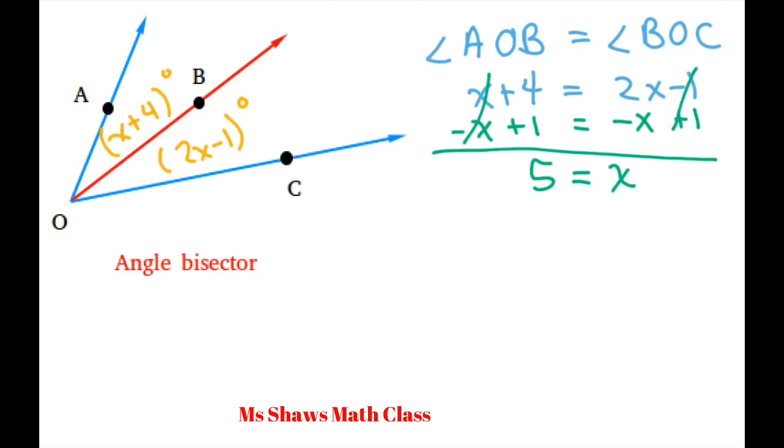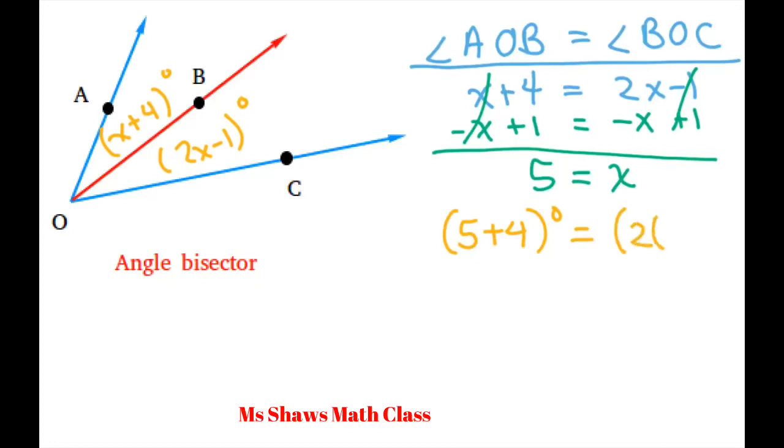Now I'm going to substitute back into this. So we have 5 plus 4 degrees should equal 2 times 5 minus 1 degrees. So this is going to be 9 degrees equals 9 degrees. So it's like the other one. So this whole angle is 9 degrees.